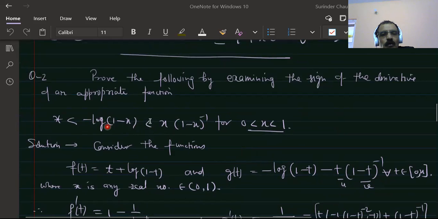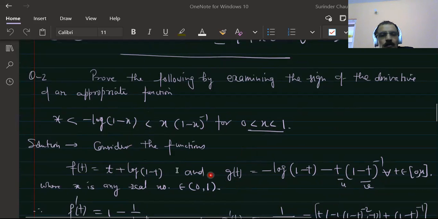For this you have to remember the first step only. So let's consider f(t). f(t) is equal to t plus log of (1 minus t). When you put t equal to 0, you get log of (1 minus 0), which is 0.